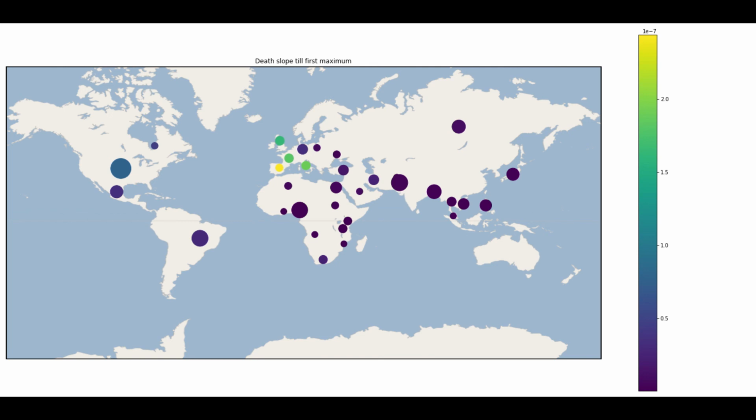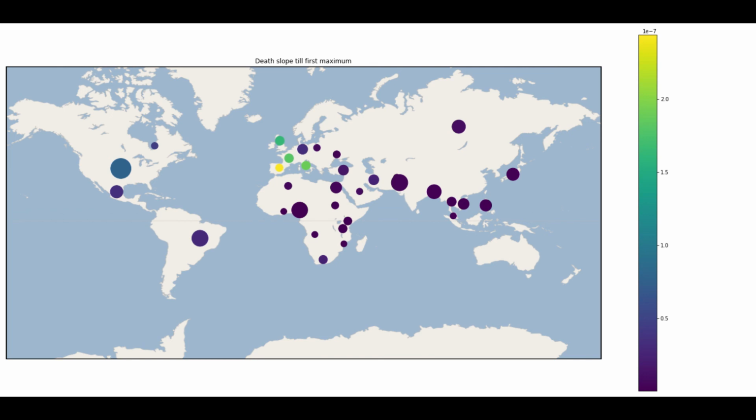So in this visualization, I took the relative amount of dying people at that local maximum day, and divided it by the time between the local maximum day and the day when the first dead person was reported.